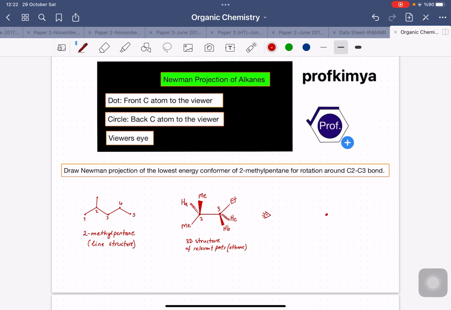Okay, let's have a look. When we look at the carbon 3, what we will see?